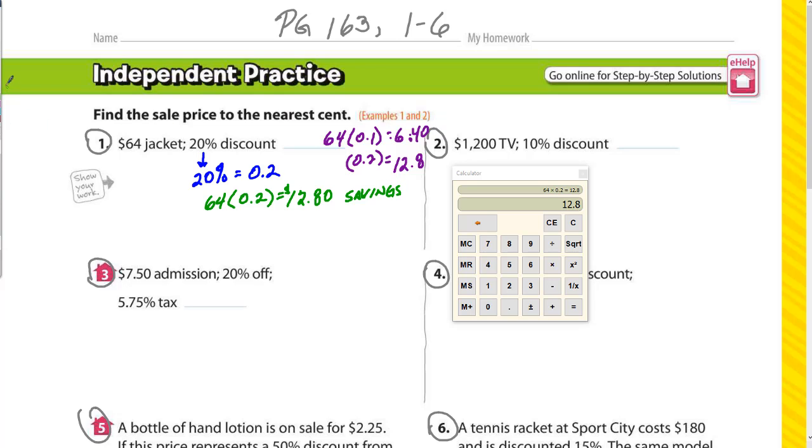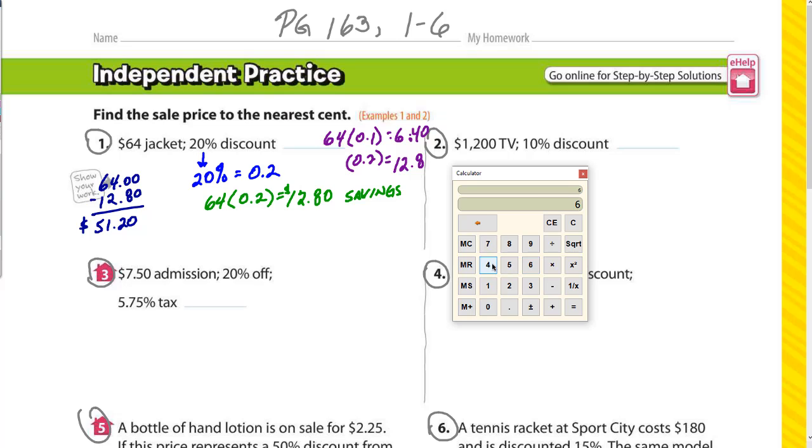And anytime you have a savings, you're going to go back to your original amount, the $64. You're going to take away the $12.80. When we take away $12 from $64, 64 take away 12 would give us 52. Take away 80 cents would give us $51.20.